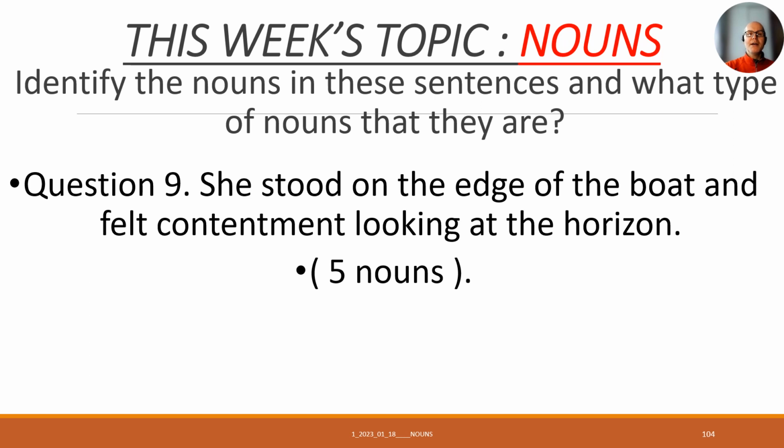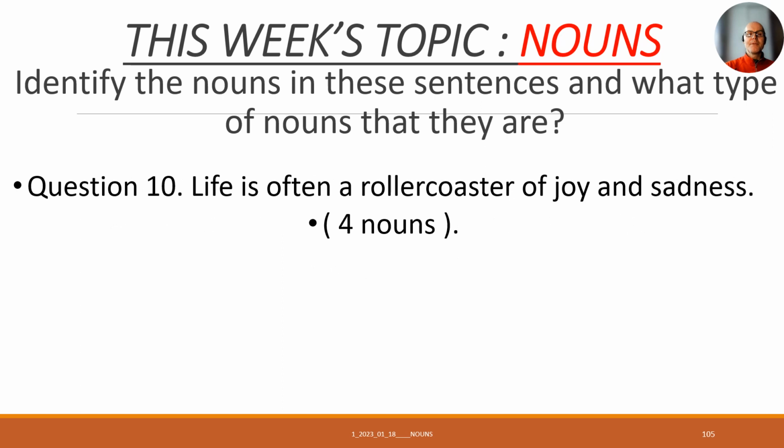What are they, and what type of nouns are they? Question 10. Life is often a roller coaster of joy and sadness. 4 nouns.